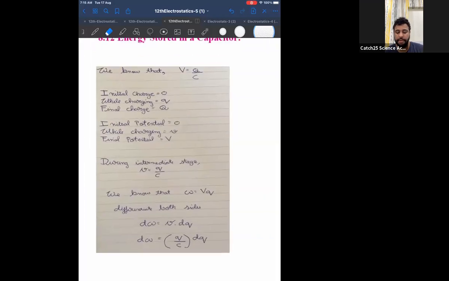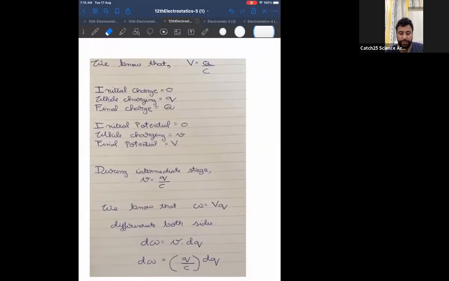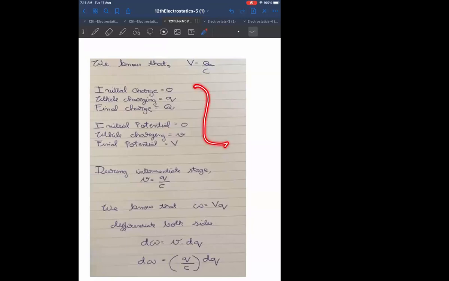Below that, write down: we know that capital V is equal to capital Q by C. And write down till here.